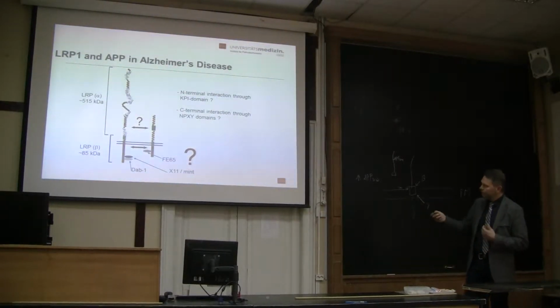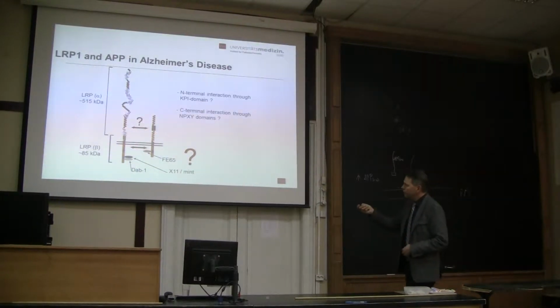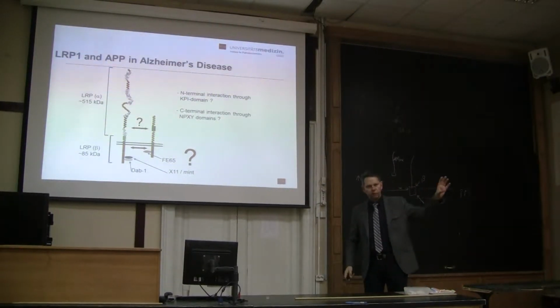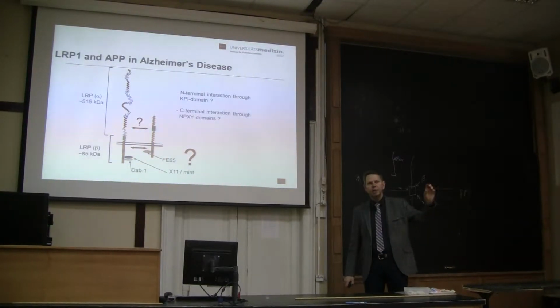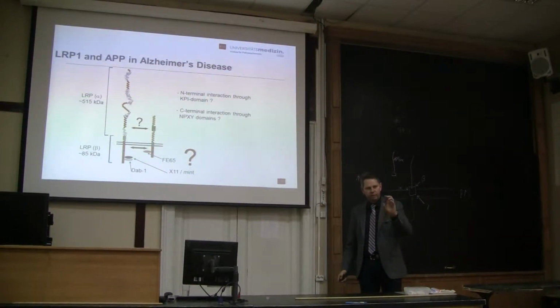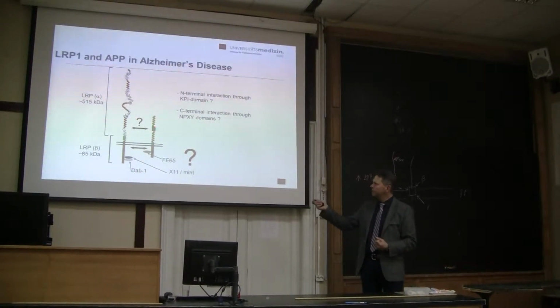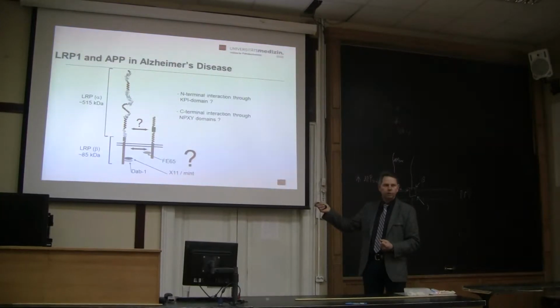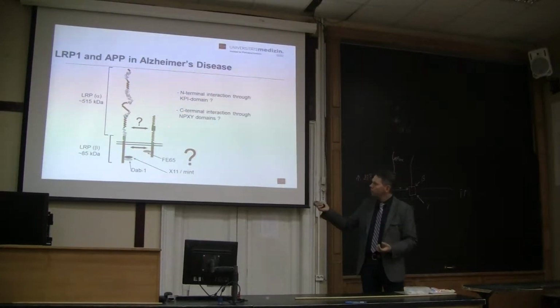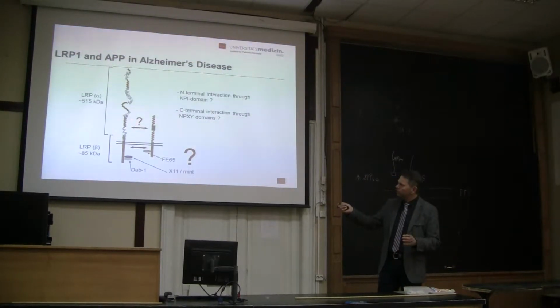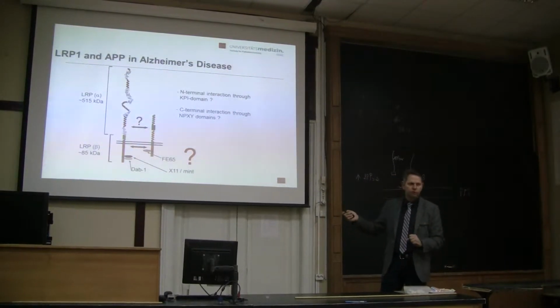The problem with that, to me, was the KPI domain is only expressed in the long forms of APP, 775 or 770, and not in 695. And 695 is the form that is mainly expressed in neurons. So if this is the only interaction partner in neurons, this shouldn't work. But it works in neurons. So I never thought that this could be the only driving force in it.